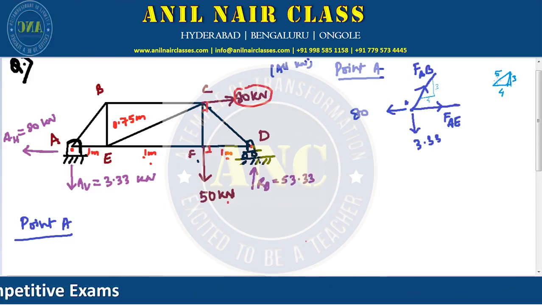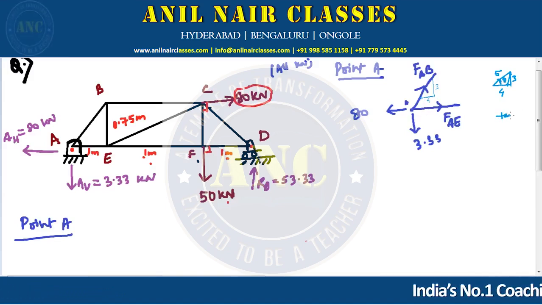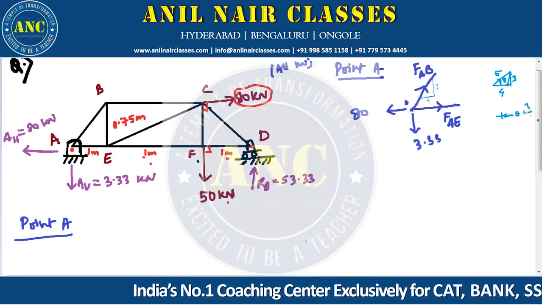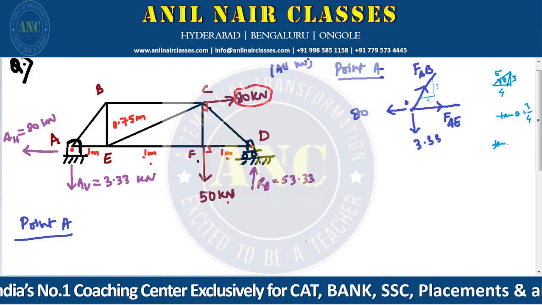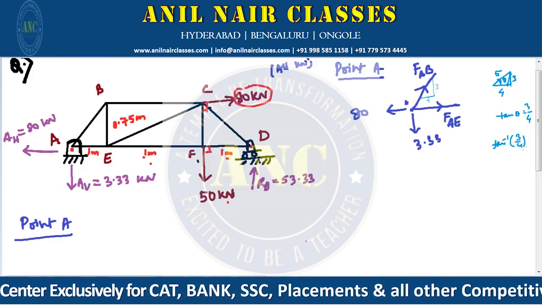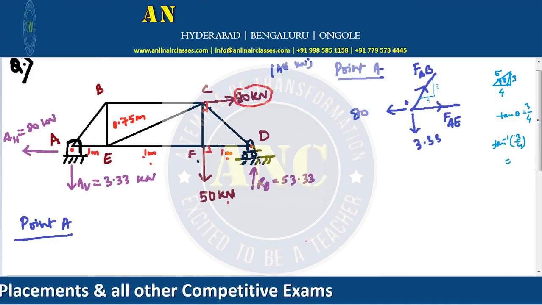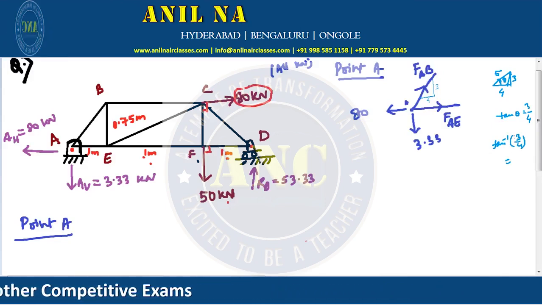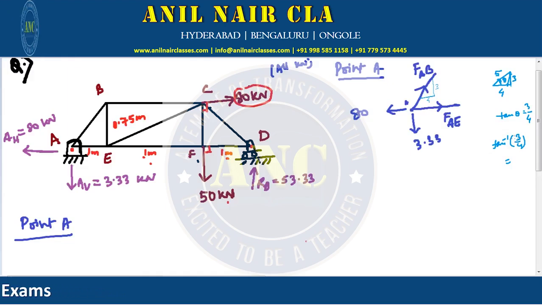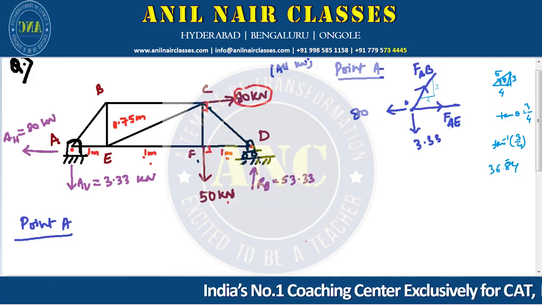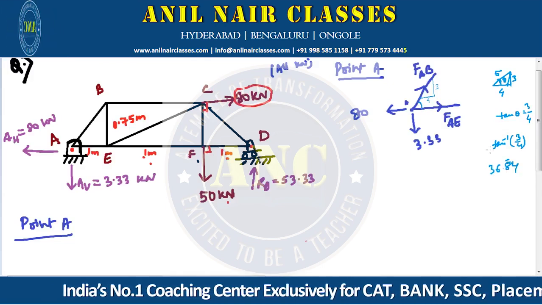So the angle, this angle theta, if I make it P by B, tan theta is equal to P, how much? 3 by 4. So tan inverse of 3 by 4 is how much? 36.84. It means this angle is 36.84.